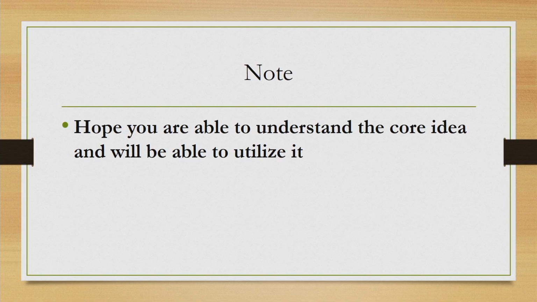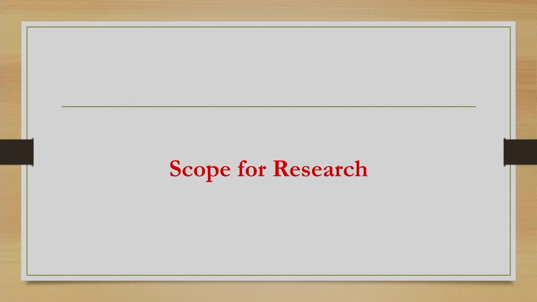Now, that is the true purpose of all the lectures that we have covered in this topic. I hope you will be able to understand the core idea and you will be able to utilize the knowledge as we have discussed.